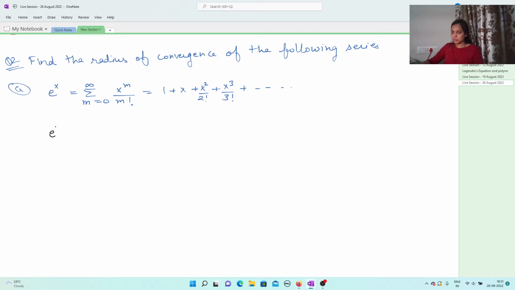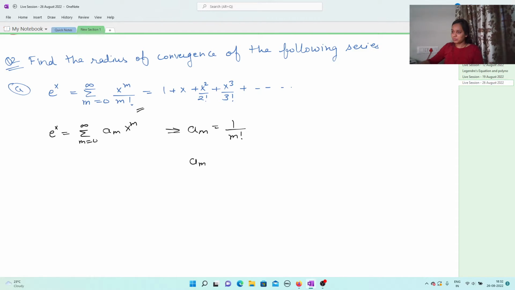Okay. So e to the power x is written as summation n equals 0 to infinity an x to the power n. If we compare these two, what is an? An can be written as 1 over n factorial.